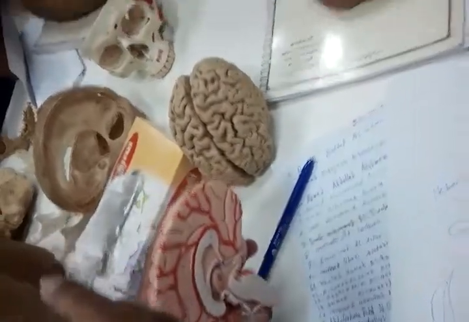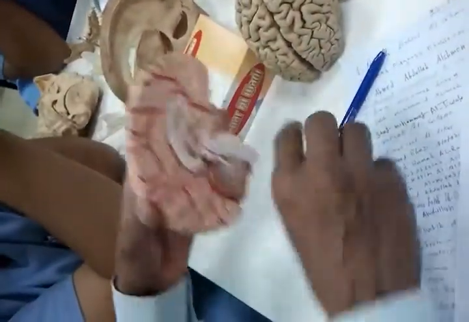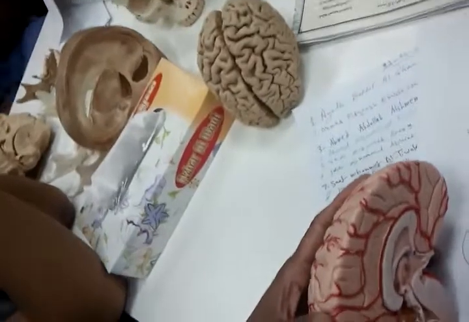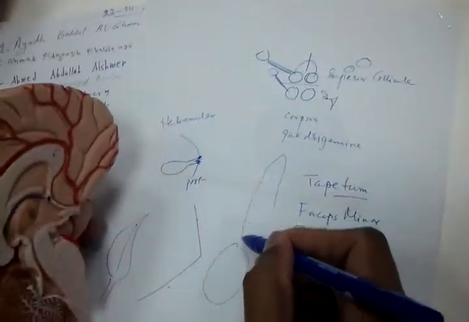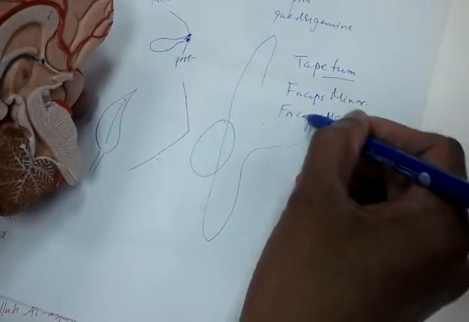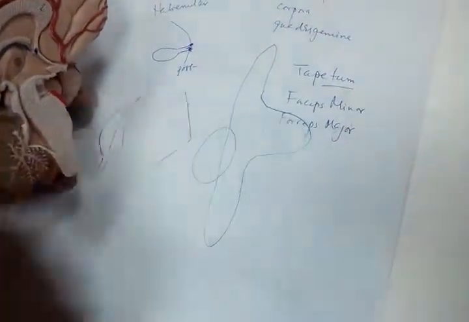This lateral ventricle is a wide cavity shaped like this: it extends into the frontal lobe, then it is present in the parietal lobe, then it extends into the occipital lobe, then it extends into the temporal lobe. So this is usually the shape of the lateral ventricle.